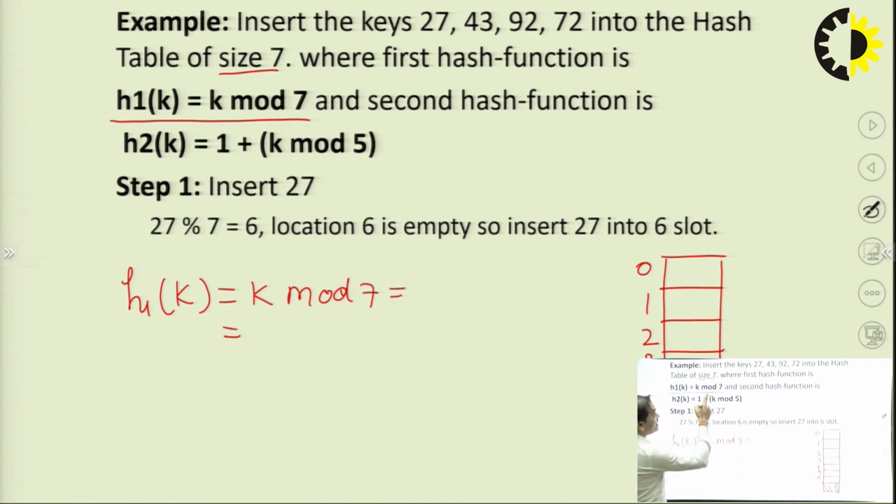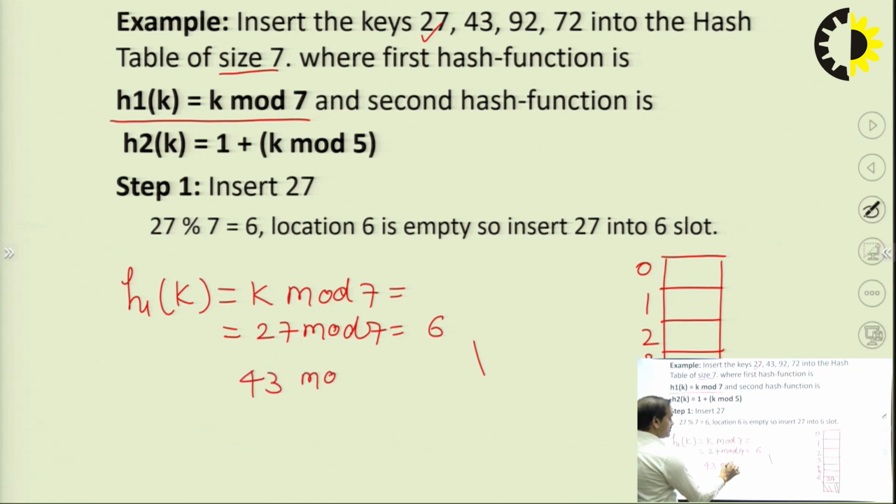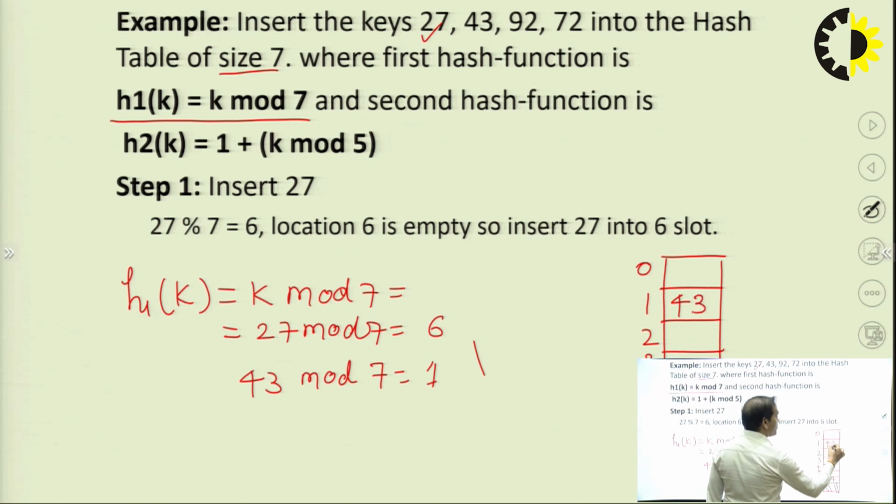The value of k is 27, and 27 mod 7 is 6. That means we store 27 at position 6. Now we calculate 43 mod 7. The value would be 1. That means 43 is stored at location 1.